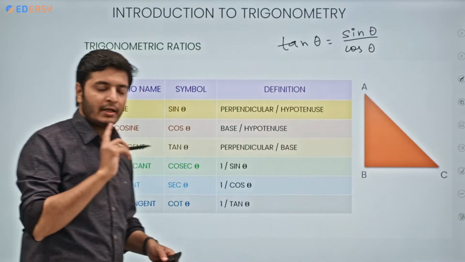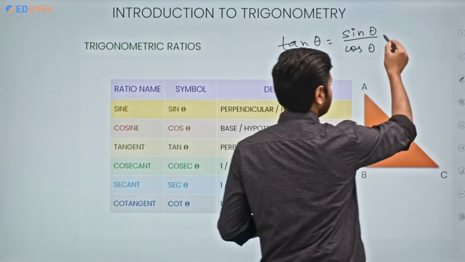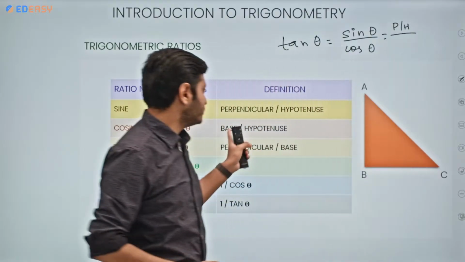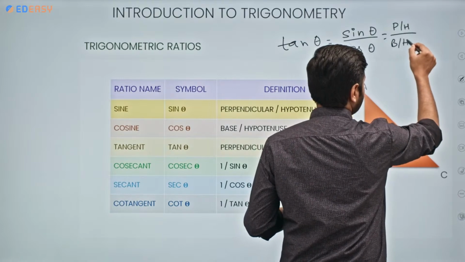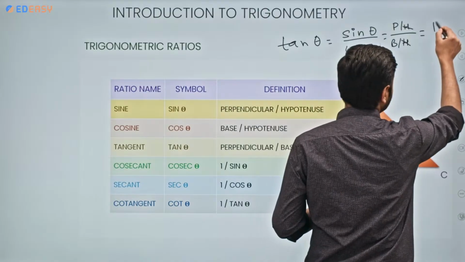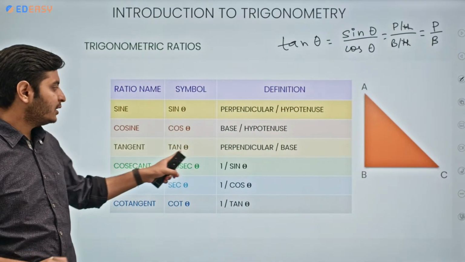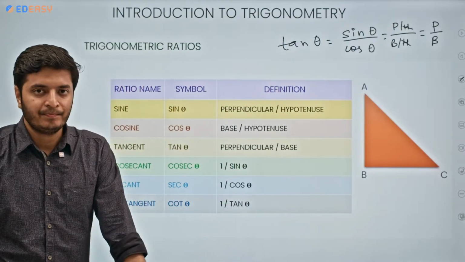This is the value, correct? Sine theta is P by H and cos theta is B by H, base by hypotenuse. H and H we can cancel. So what are we left with now? P by B.